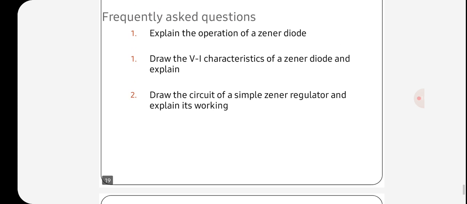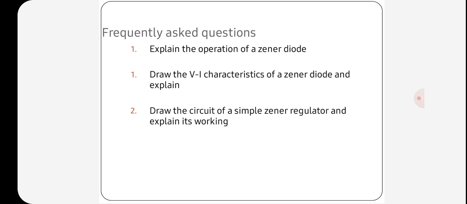So this was today's class, and in the next class we will discuss transistors. In transistors, there are PNP transistors and NPN transistors. Transistors have different symbols, with the emitter, base, and collector, and the definitions of alpha and beta and the relation between alpha and beta.